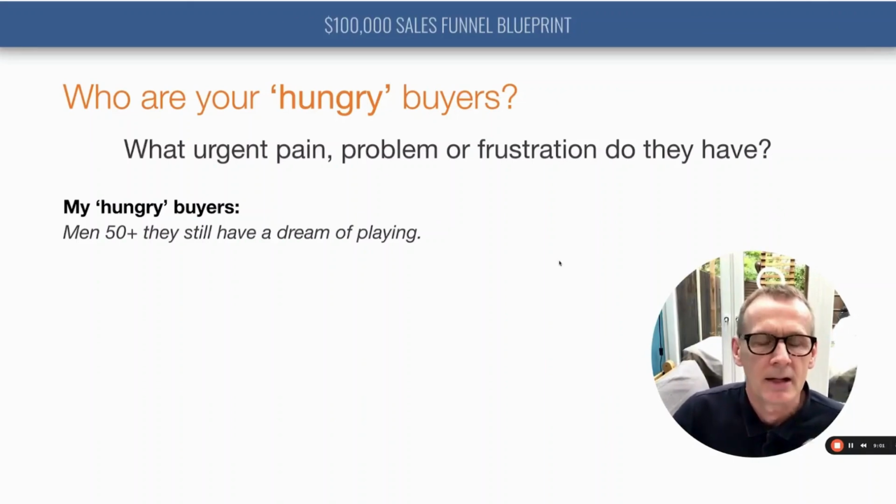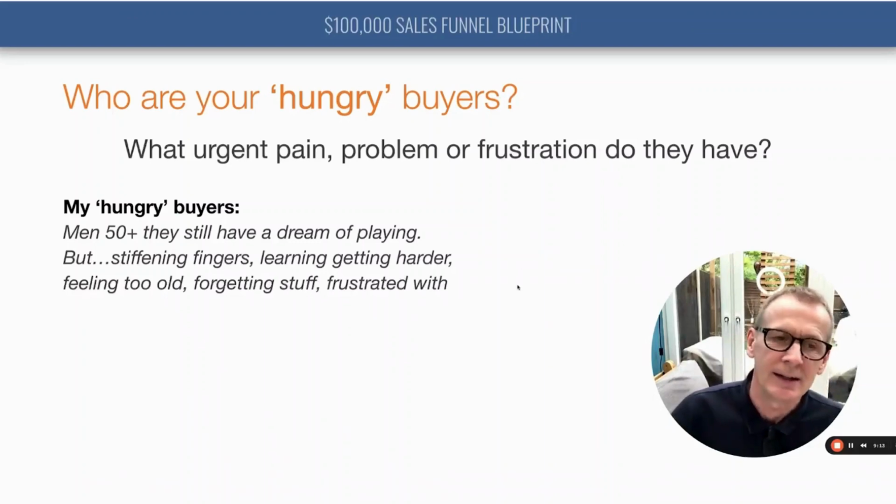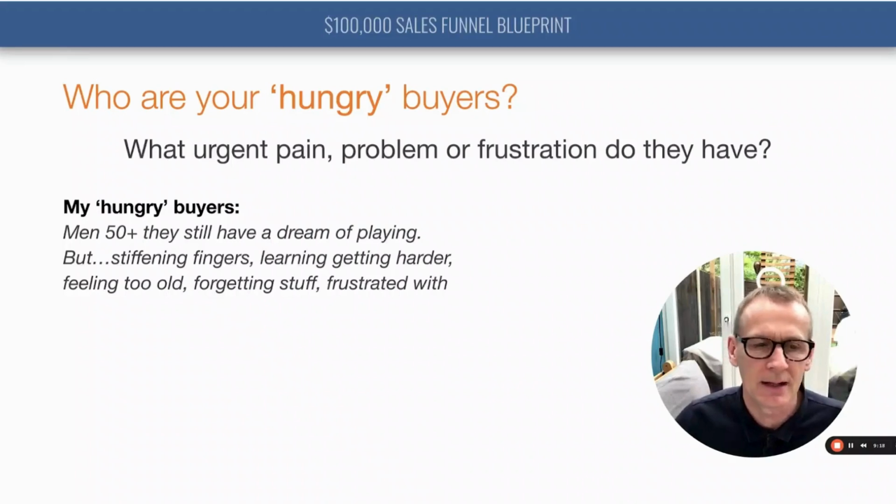So, as I say, it's men 50 still holding on to that dream of playing, but, as they get older, they've got stiffening fingers. Learning is not quite so easy as it was when you were younger. It's getting a bit harder. Maybe they're feeling a little bit old, am I going to run out of time? Do I find it a challenge forgetting stuff?